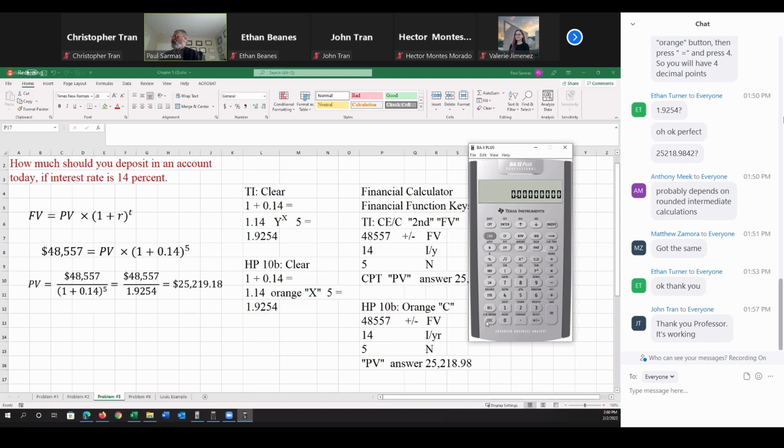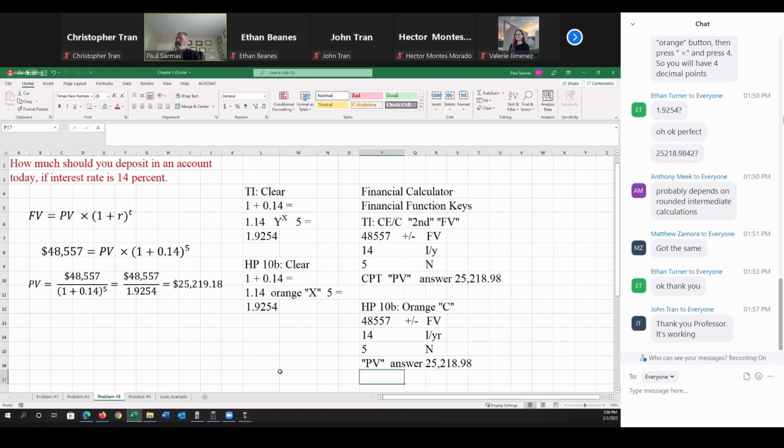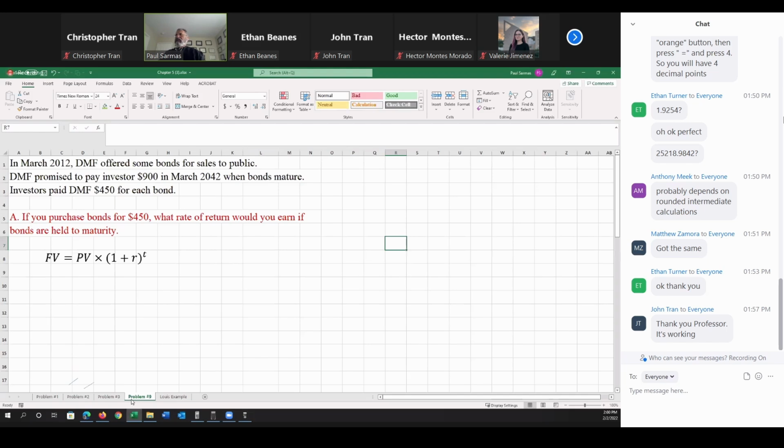I want you to keep the decimal points at 4 decimal points. Use the function keys to do the homework to get the answer. Okay.